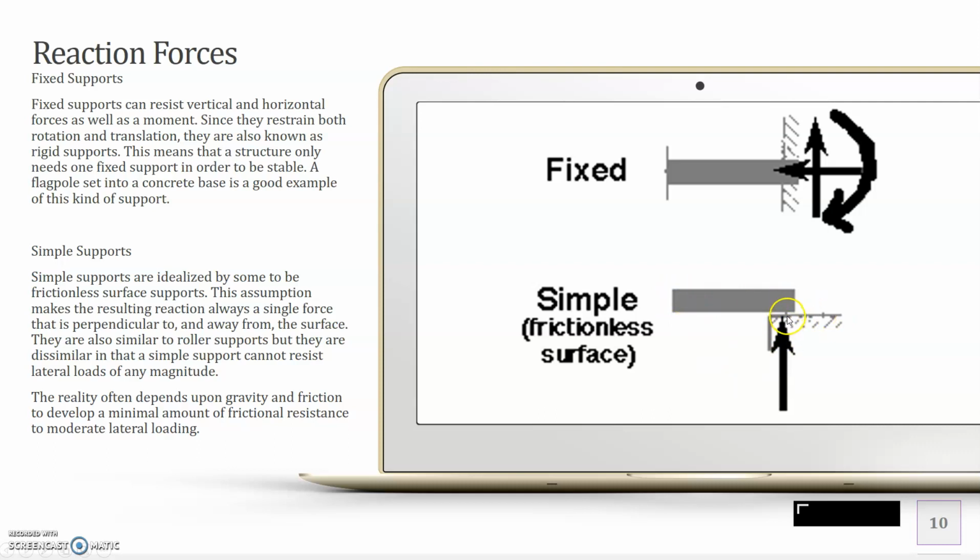It's very similar to a roller, but the difference between a roller and a simple support is that the simple surface has friction, so it can't move very easily left and right, not as easily as a roller. And thus it stays put due to gravity. In reality it often depends upon gravity and friction, if it has any left and right motions. Very uncommon in today's world.